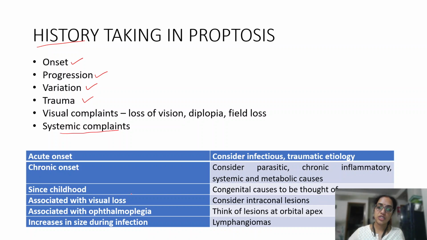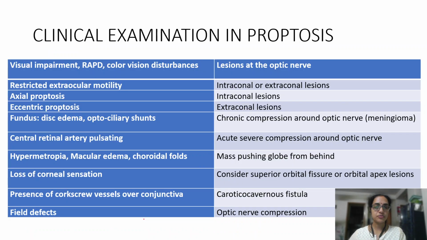If there is associated visual loss, you have to be a little more cautious and think of intraconal lesions that are compressing the optic nerve. When there is associated ophthalmoplegia, think of lesions at the orbital apex. When the proptosis increases in size during infections, think about lymphangiomas.